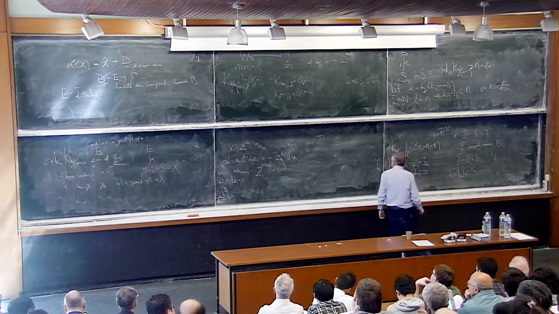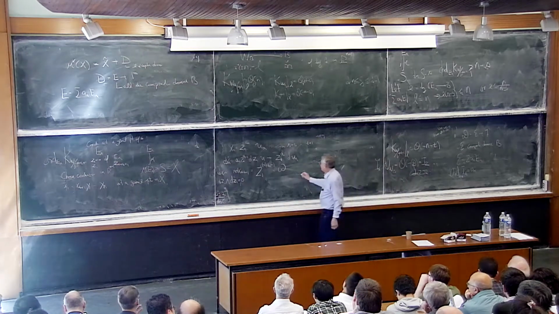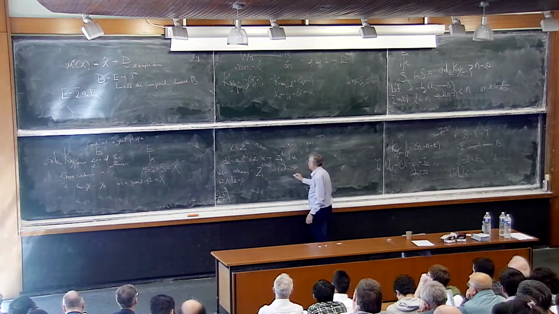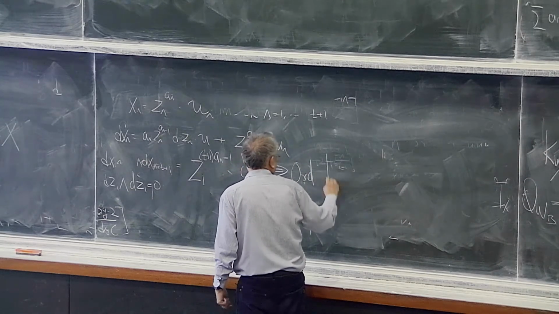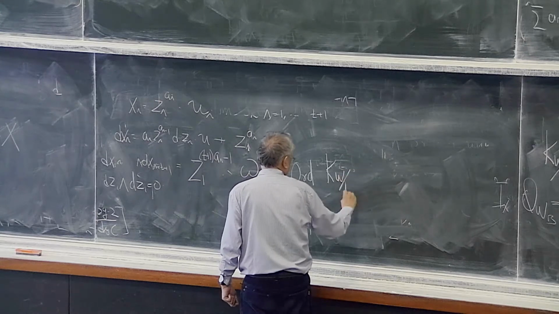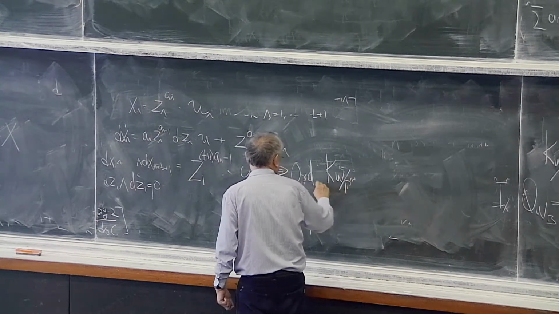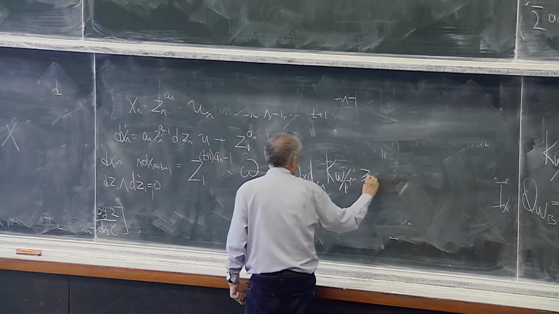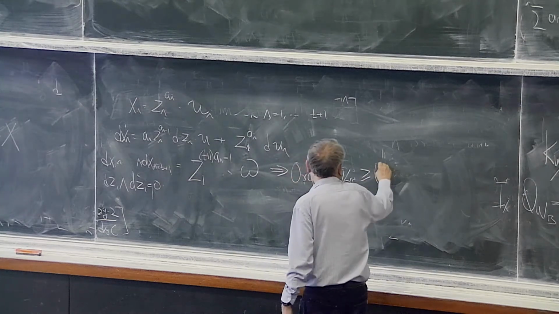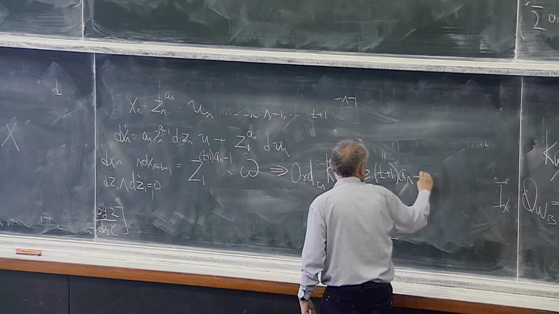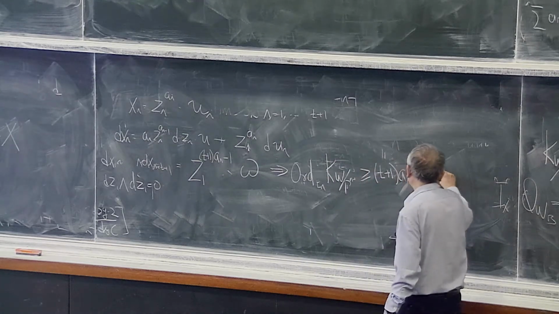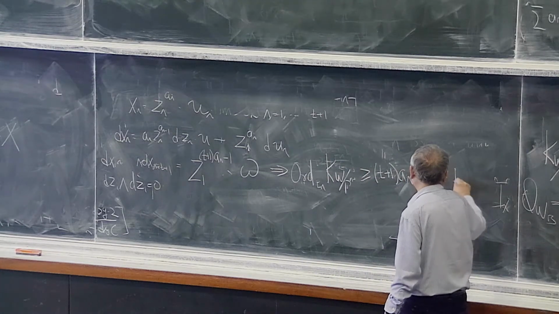And so this implies that the order of K_W along E_i is greater than or equal to the sum over t plus 1 of (a_i minus 1). And since a_i is greater than 1, so this is bigger than t a_i.